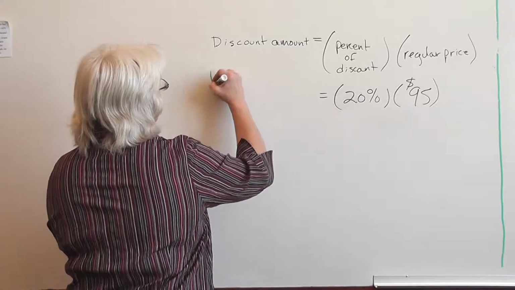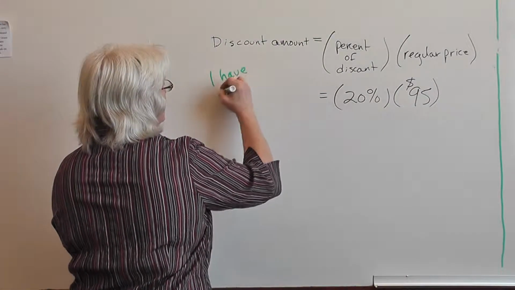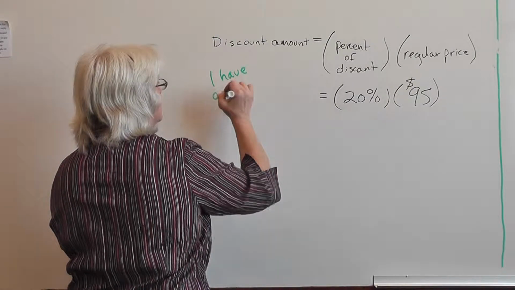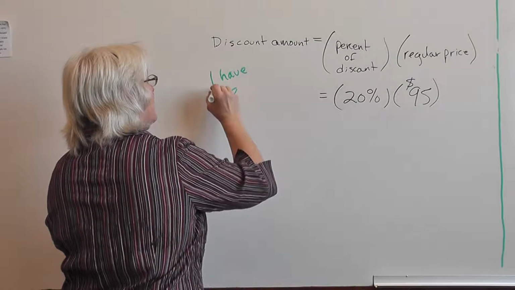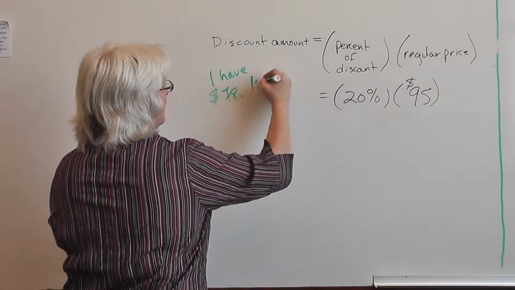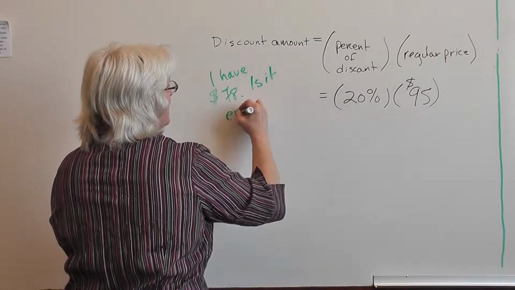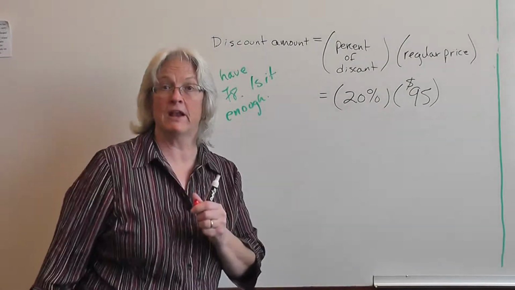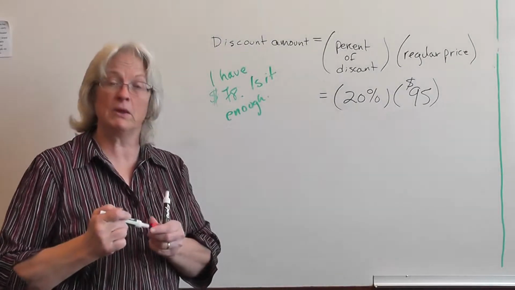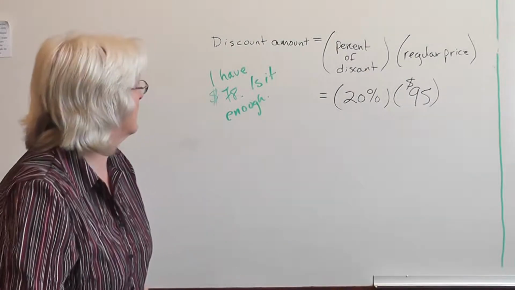So I have $78, and I know my backpack's on sale. Is that enough to buy my backpack? Well, let's find that out. Exactly what is going to be the new price of your backpack?